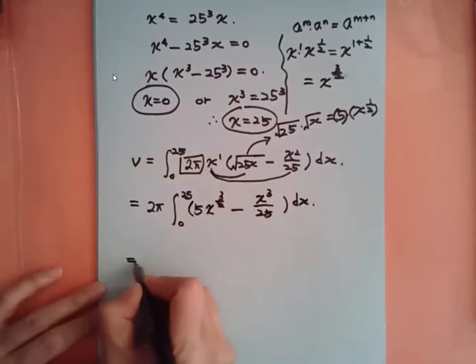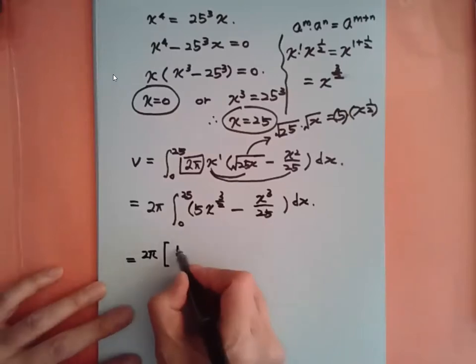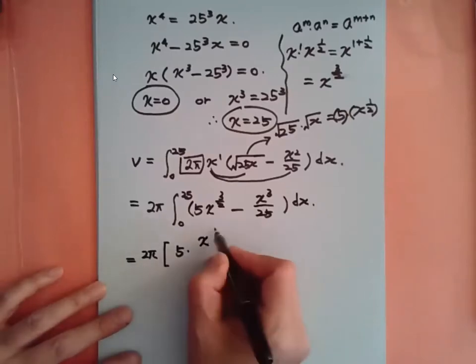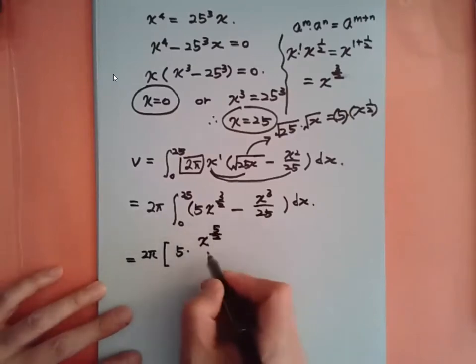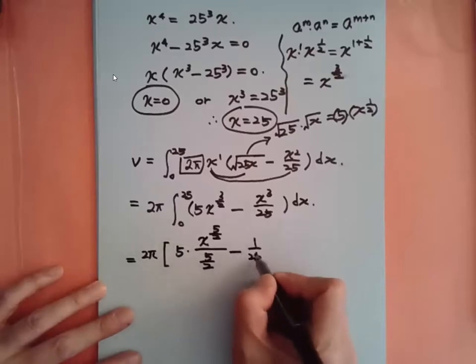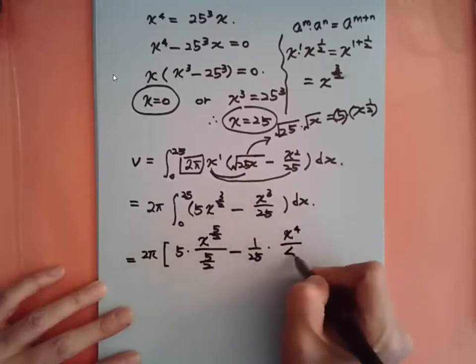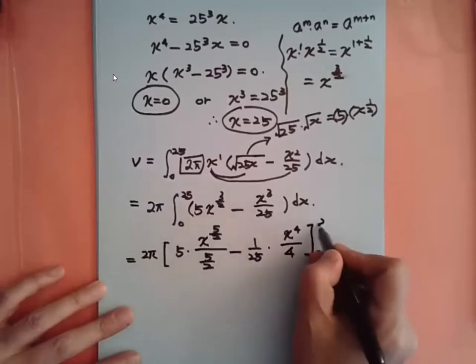So we integrate 2 pi times 5 times 1 more power, x to the 5 over 2 divided by 5 over 2, minus 1 over 25 times 1 more power, x to the 4th power over 4, from 0 to 25.